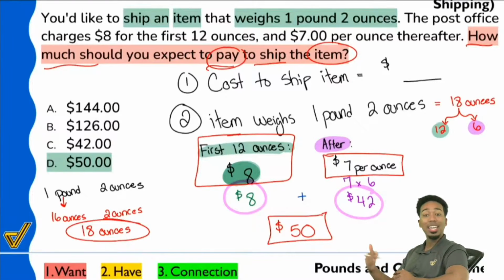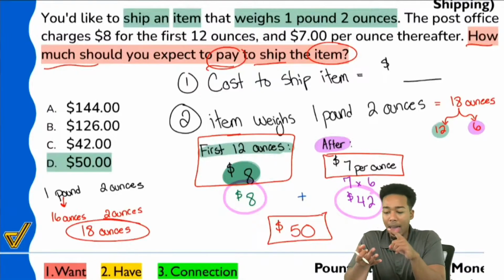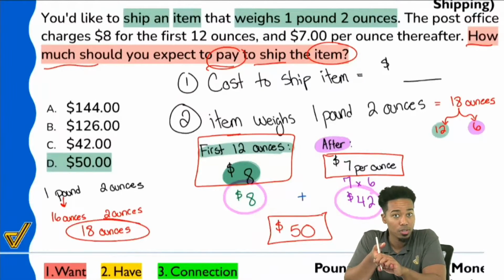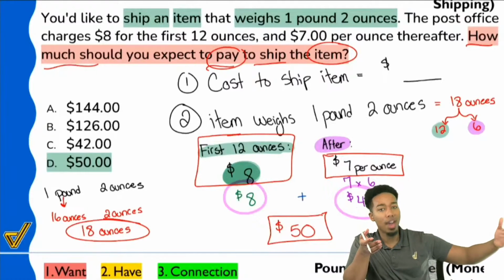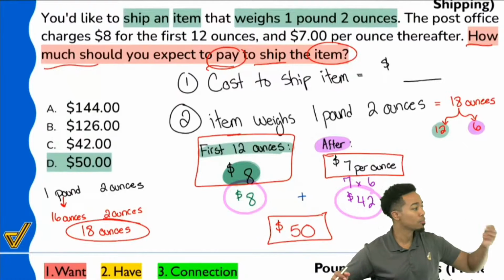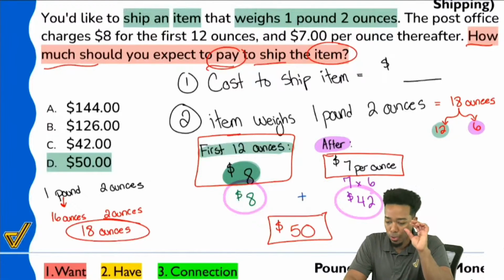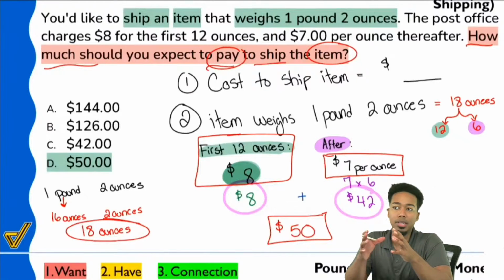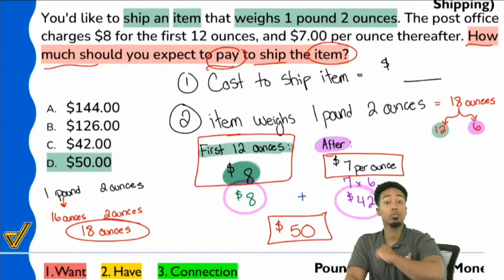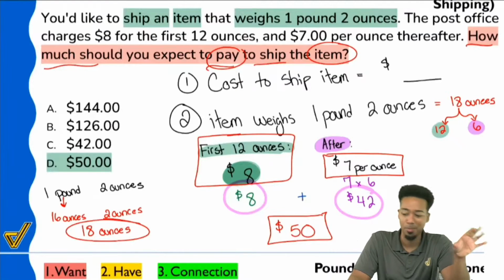So I want you to understand that unit conversions are going to help you go through the problem in the same way that knowing how to multiply, add, divide, and subtract fractions helps you when you see fractions in a word problem. Knowing how to convert units helps you when you have to convert a unit in the word problem. So I want you to really tune yourself to that direction, because I don't want you to see unit conversions as, oh, the moment I'm done converting, I'm done. No, it's a word problem. You got to know what you need to do for the word problem itself.